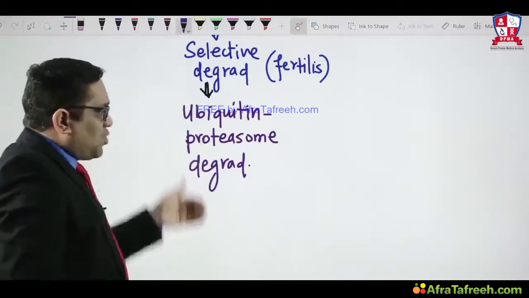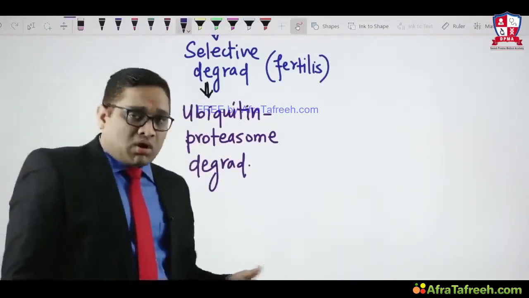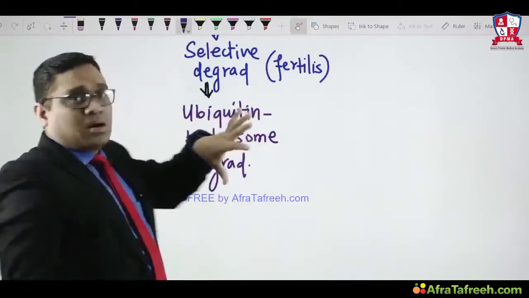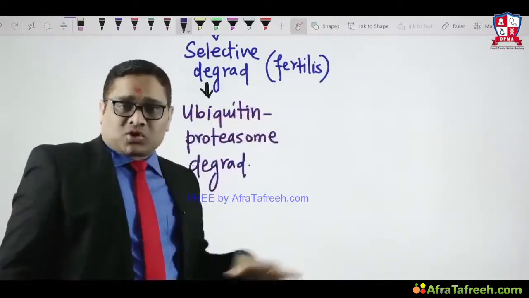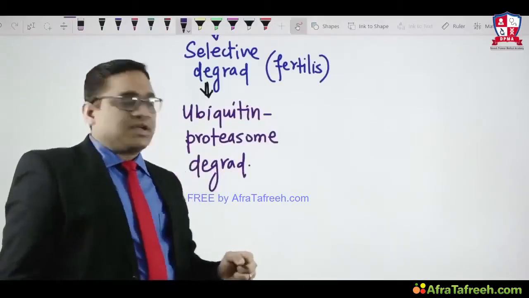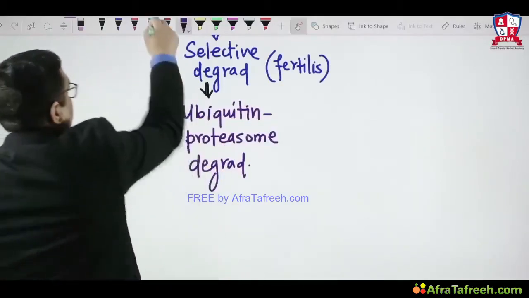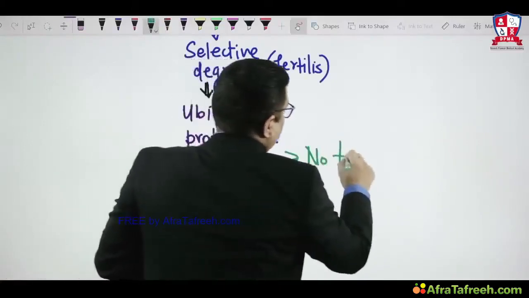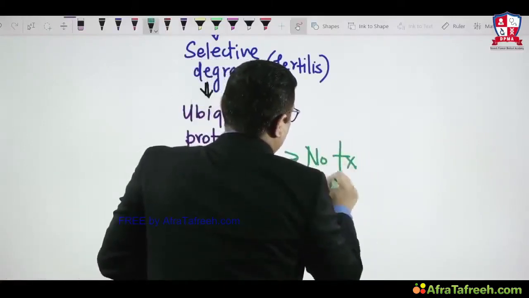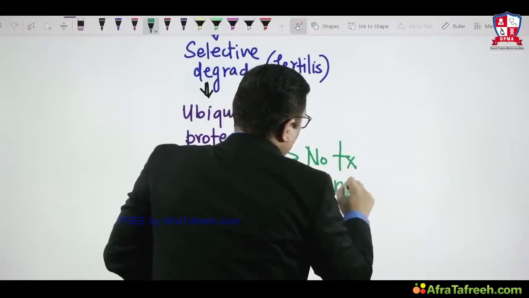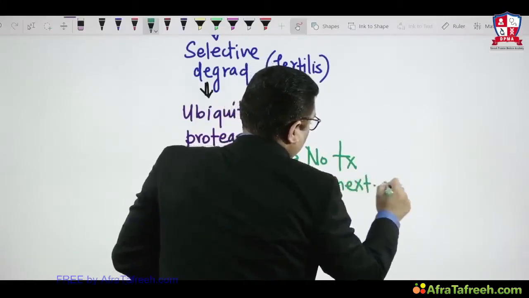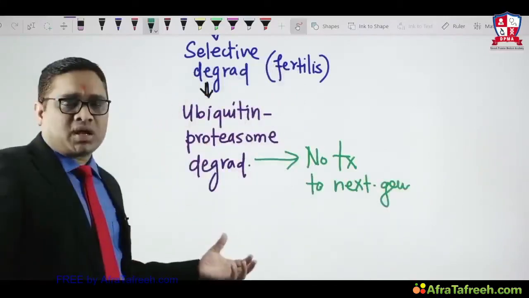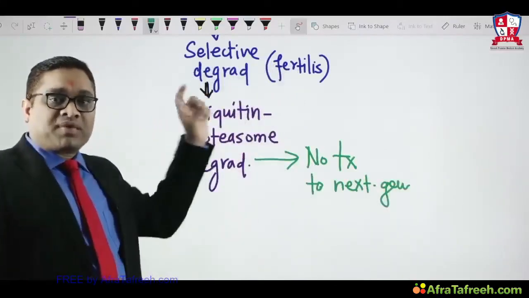You can see how this mitochondrial inheritance is not given by the male, because of the selective degradation of the mitochondrial DNA of the sperm during fertilization, and because of this there will be no transmission of spermatic mitochondrial DNA to the next generation. That is why you will not see any transmission from the affected father.